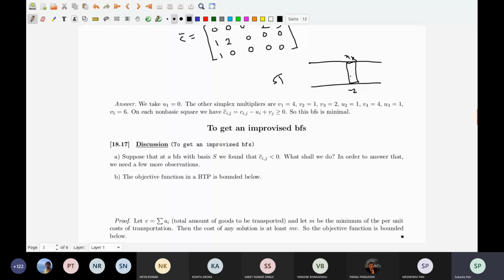But here in the transportation problem, the cost function is bounded below, in fact bounded above also. Whatever is the minimum cost per unit, you multiply by the total number of units you have to transport, so your cost cannot go below that.